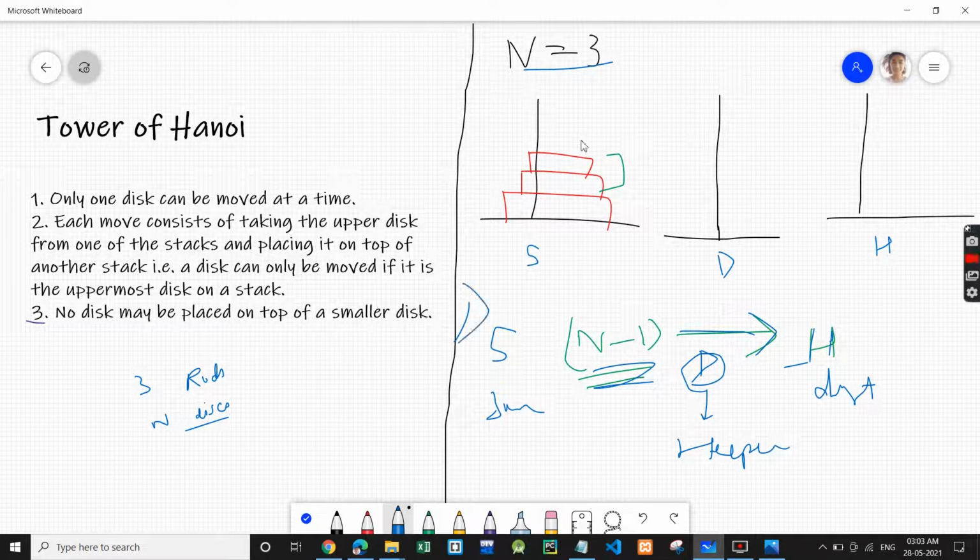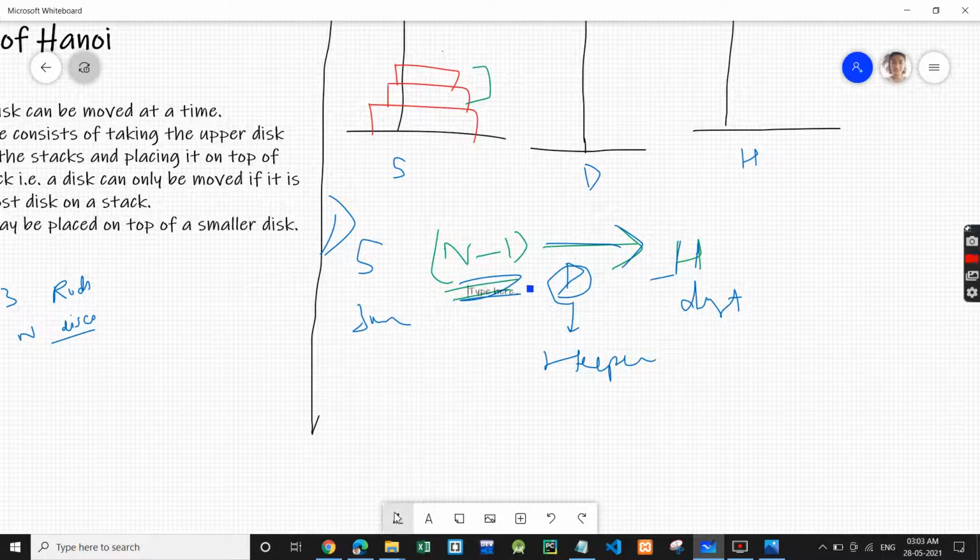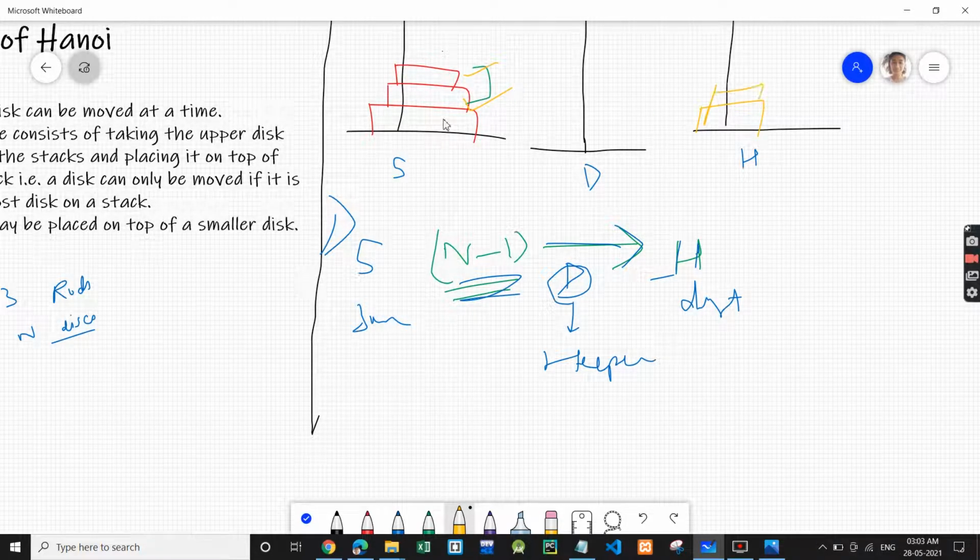In the first step, we moved all the n minus 1 disks from source to the helper rod using the destination rod, right? After this, once we moved them over here, we moved the last one to the destination.